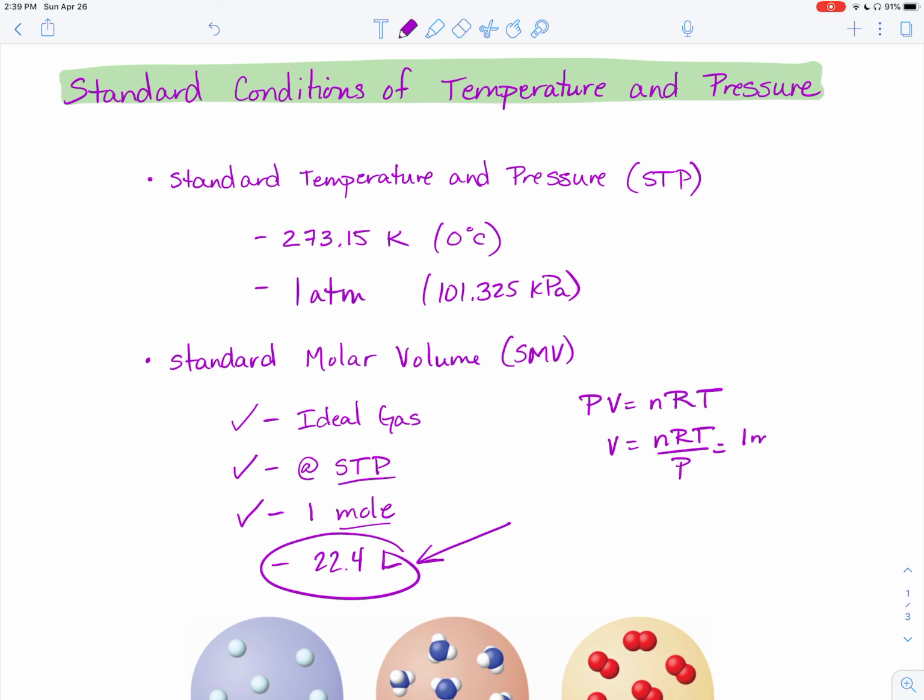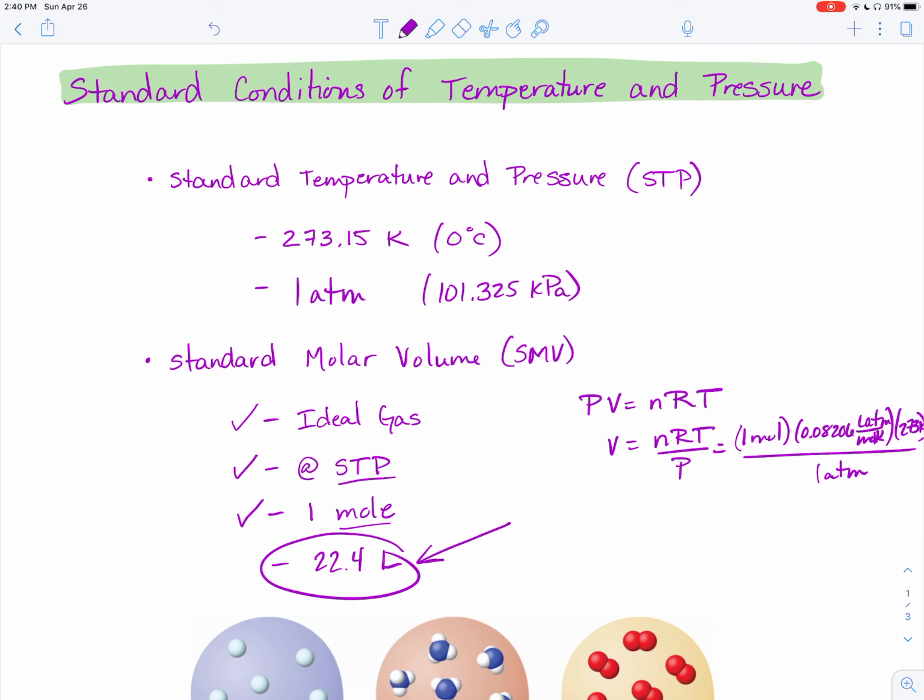So 1 mole, and let's calculate the pressure in atm. So let's use 0.08206 liter atm per mole Kelvin for our R. Our temperature is 273 Kelvin, and our pressure is 1 atm.